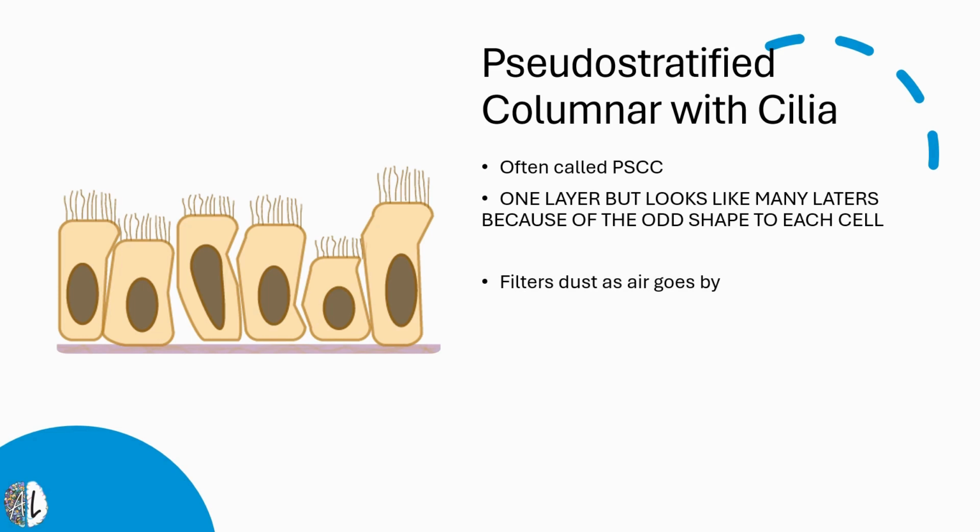Those cilia help to filter out dust, right, as air goes by them. And so we find these primarily in the lungs, in the trachea, and parts of the respiratory system. Oftentimes we refer to this with an abbreviation, PSCC, for pseudostratified columnar with cilia. So if you see PSCC, that is what we're referring to.